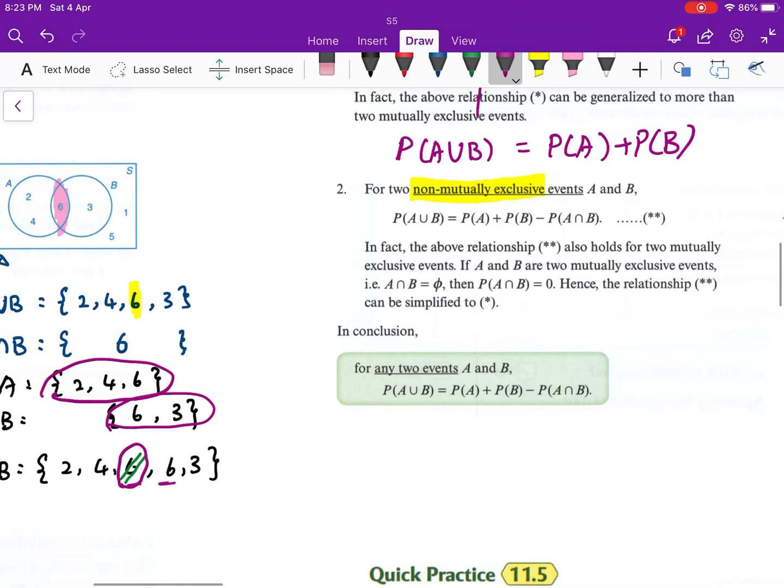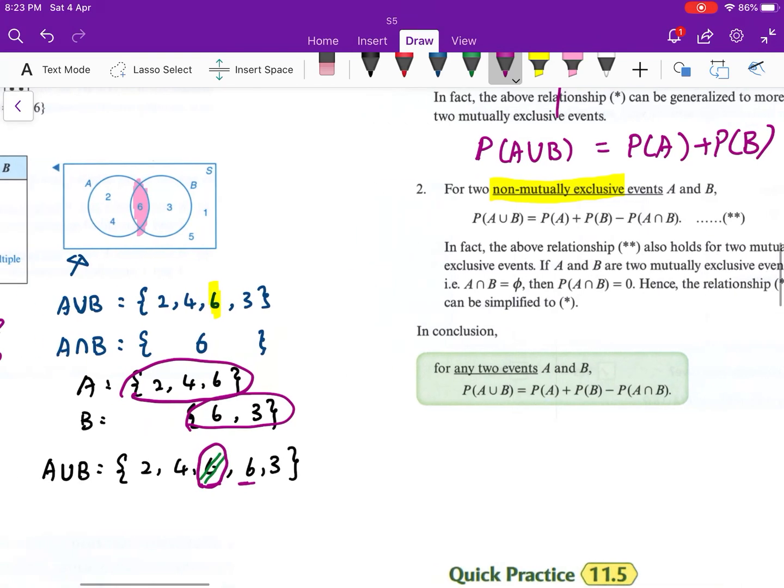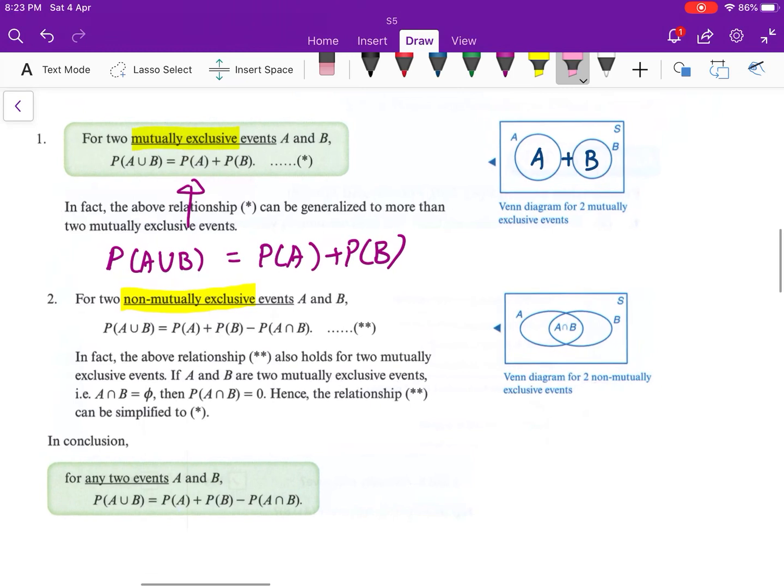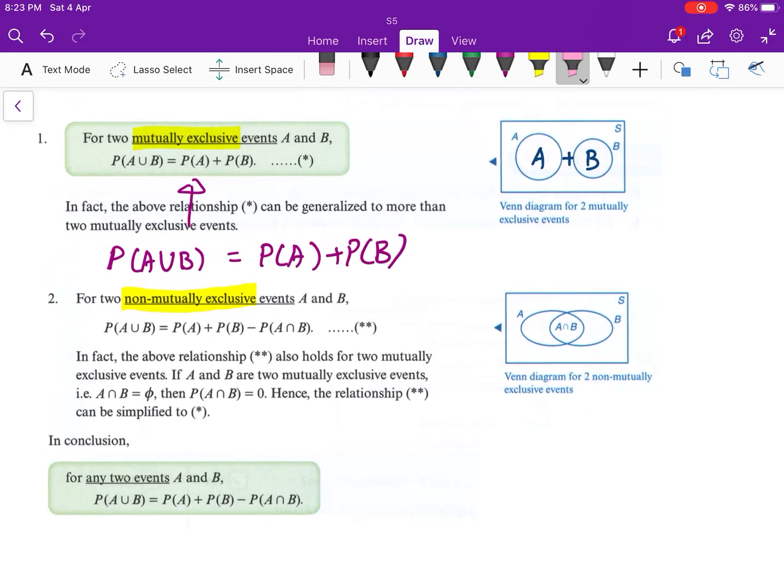Remember, you need to minus the 6. So what is the 6? 6 is A and B. Can you see that? 6, we can call it A and B. So actually, when this is a non-mutually exclusive example, you need to minus the double counted item, okay? So your formula will be probability of A plus the probability of B, then minus their overlap element, A and B, okay?